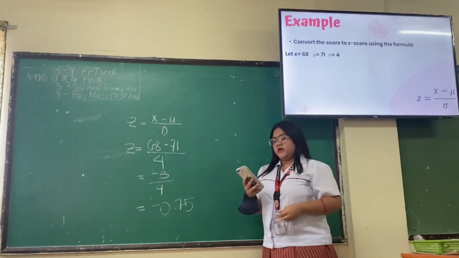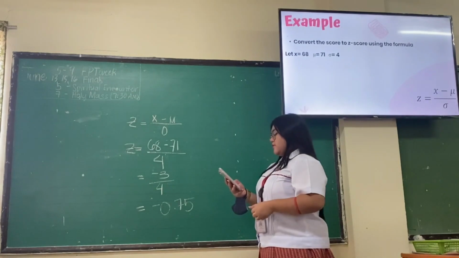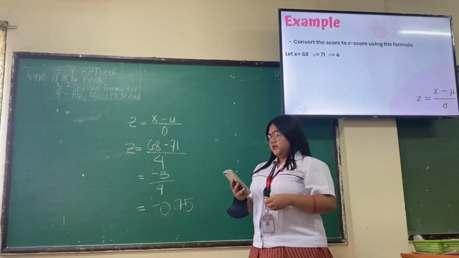Now let's find the area of Z, which is negative 0.75, in the table of areas.